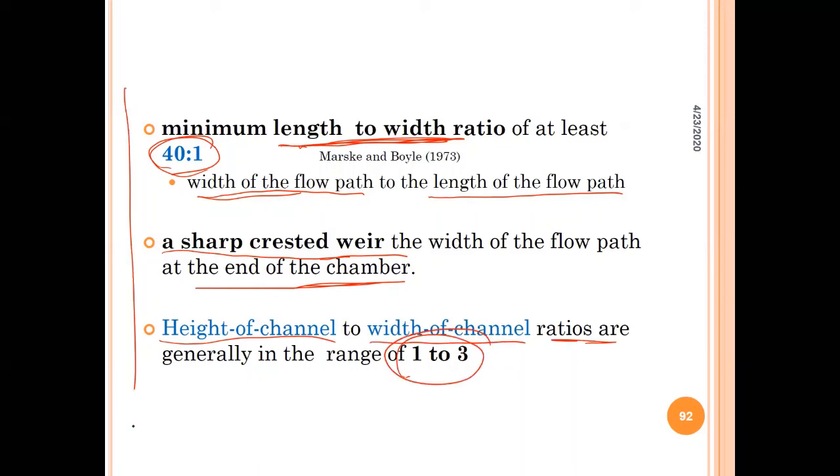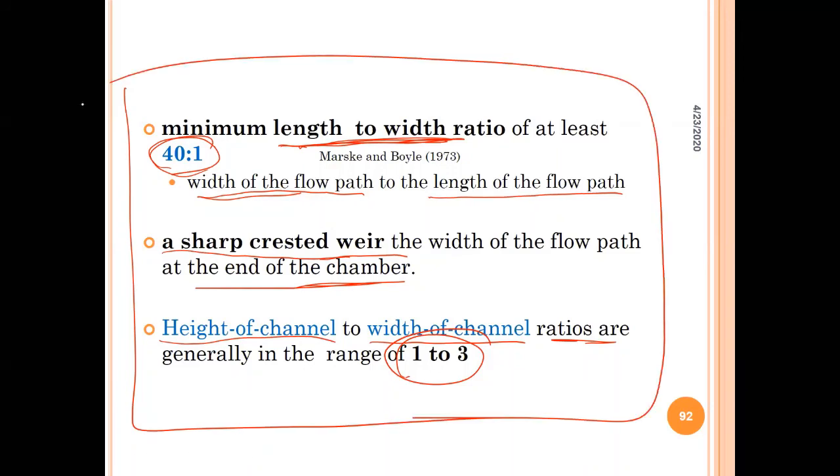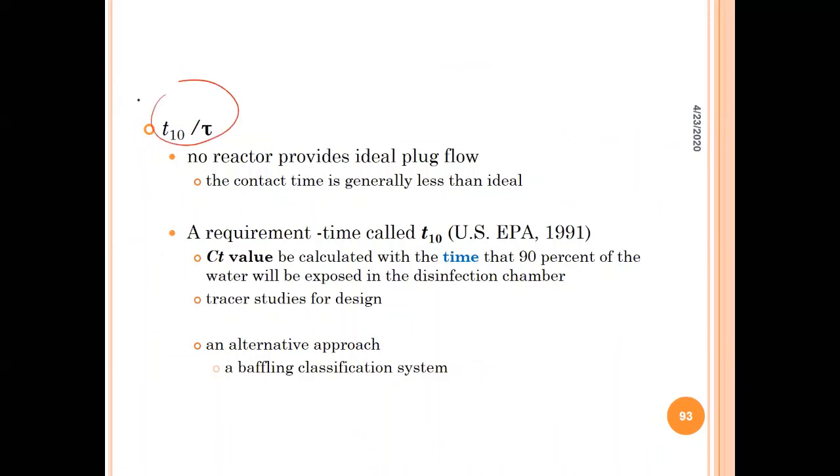So with these guidelines, and also with the concentration and time, and I will show you later the factor T10, the ratio of T10 over hydraulic residence time, can give us an idea how to set the dimensions of the reactor, because no reactor provides a perfect plug flow regime.